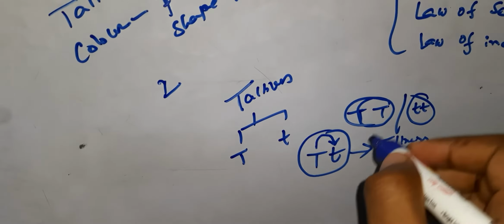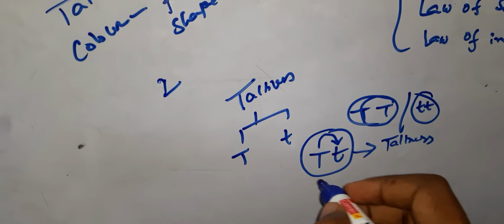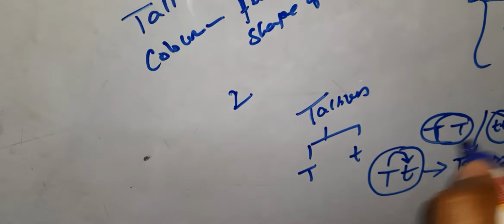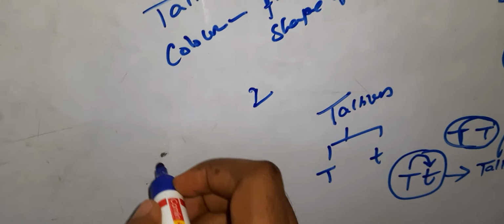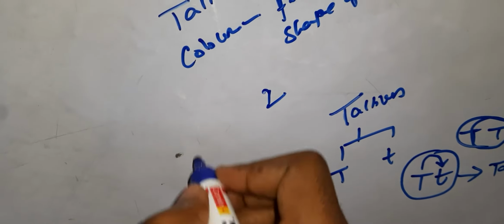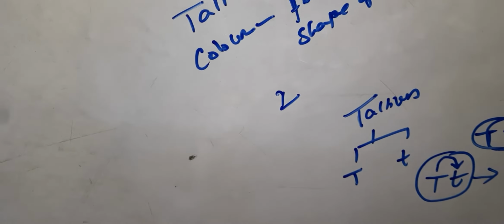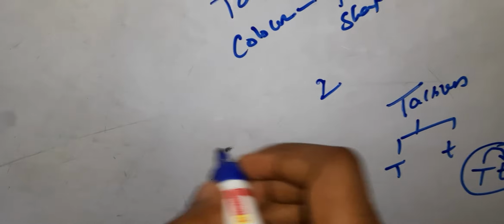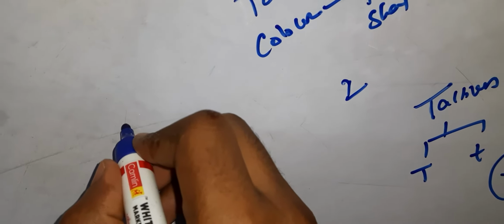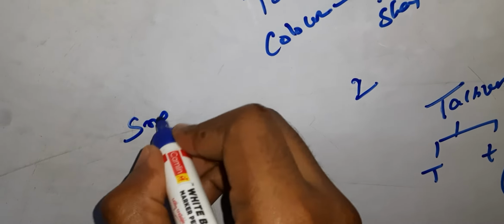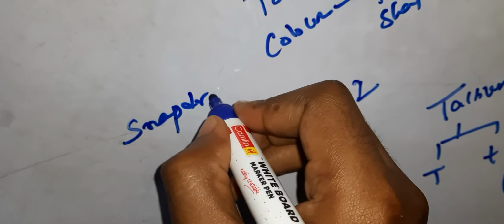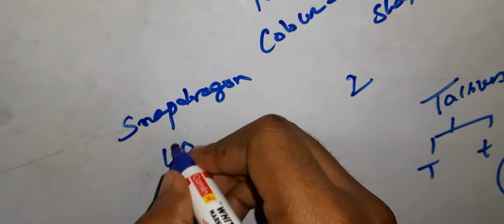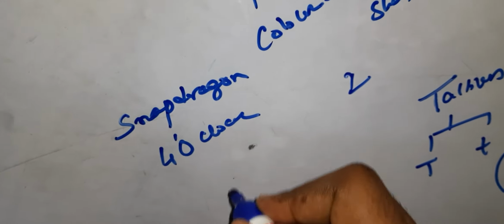So, the law of dominance affects every trait, but in some cases these two alleles do not resemble phenotypically in some characters. Like the example you may have gone through, that snapdragon or 4 o'clock flower.